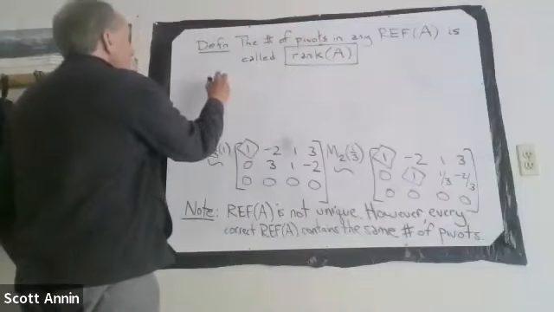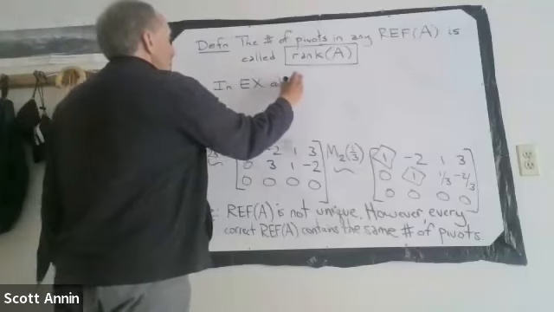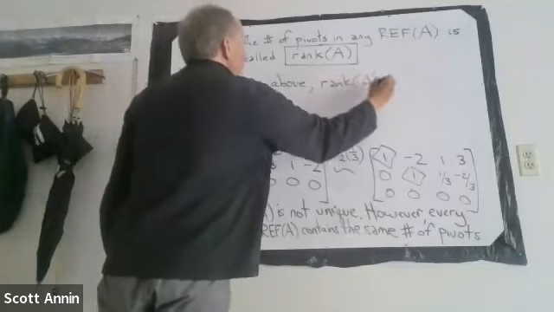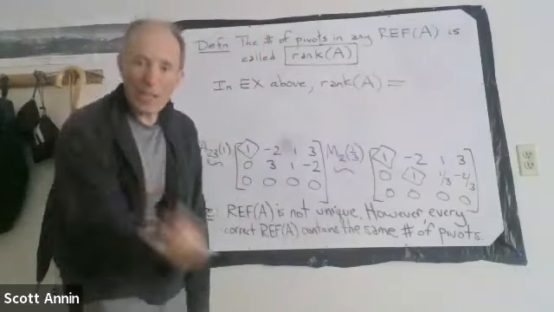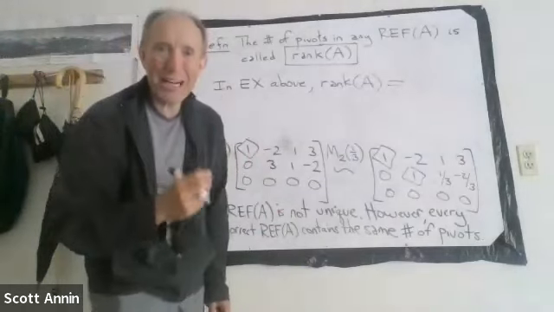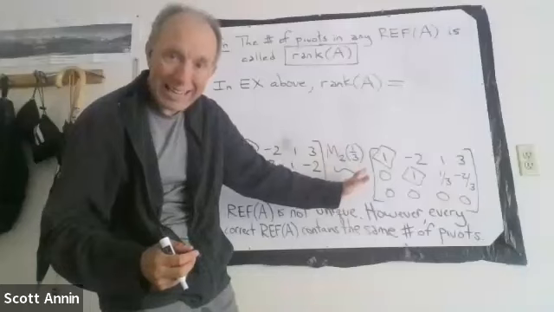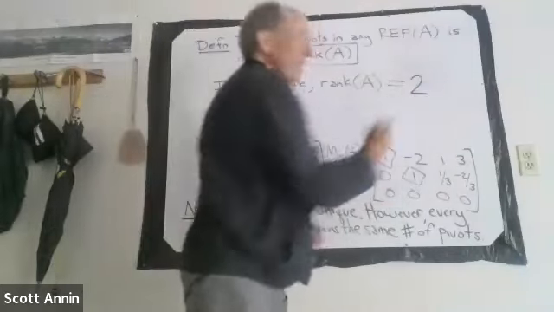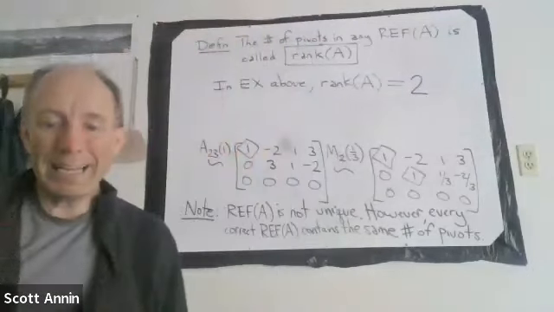So in our example above, the rank of that matrix, I don't care how you do the EROs, 30 different people can get 30 different row echelon forms that are all correct, but the one thing they will all have in common is the number of pivots at the end of the day. And you can see here that we have 2 of them. And so that, therefore, is the rank of the matrix. The rank is 2.